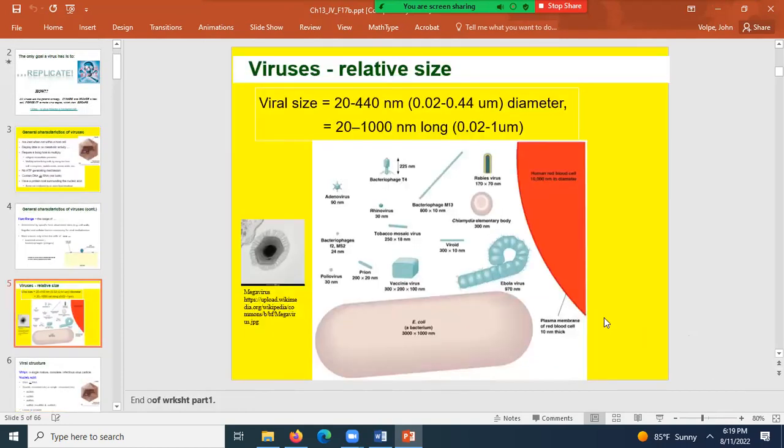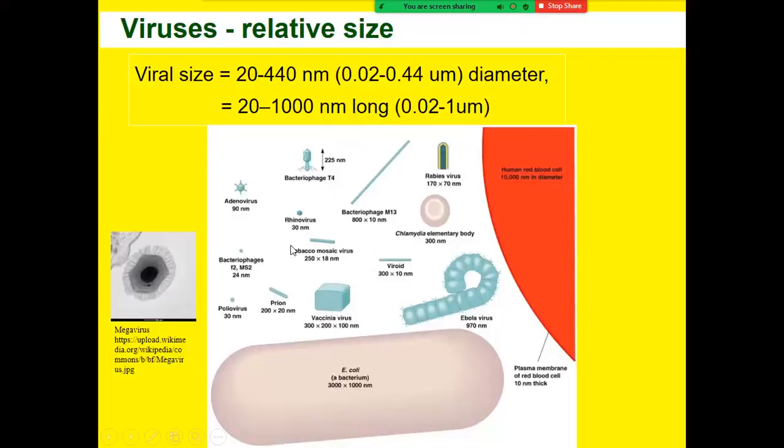Viruses are small. You don't need to know the size. Let me see if I can blow this up. The smallest virus that you've ever heard of is the polio virus, but there are smaller viruses.